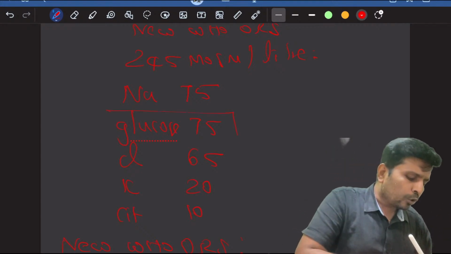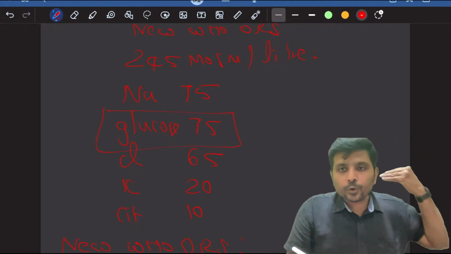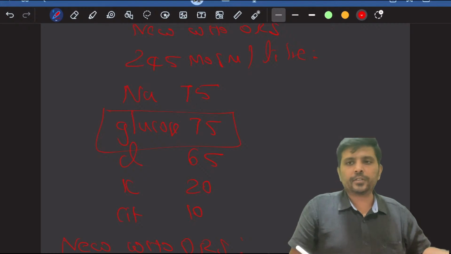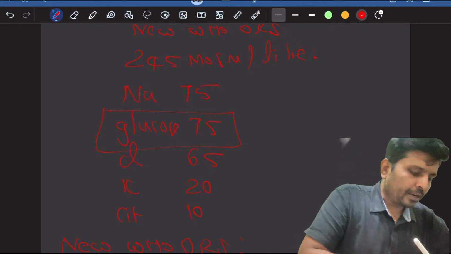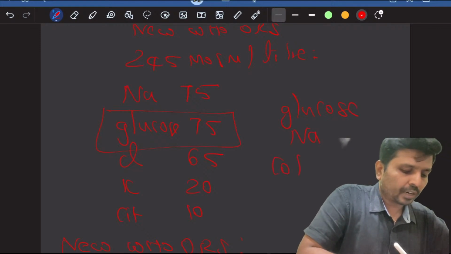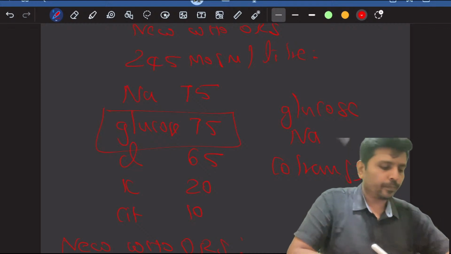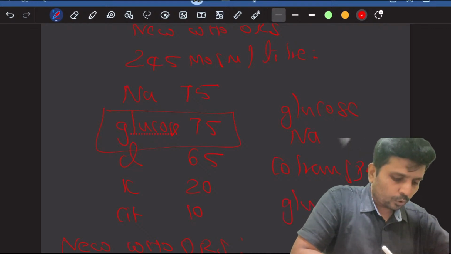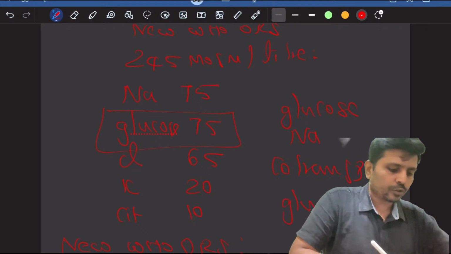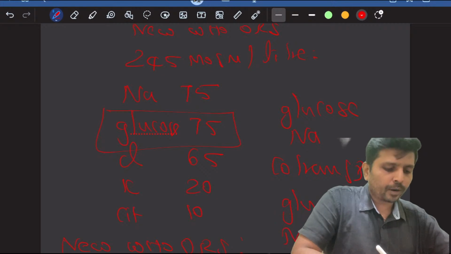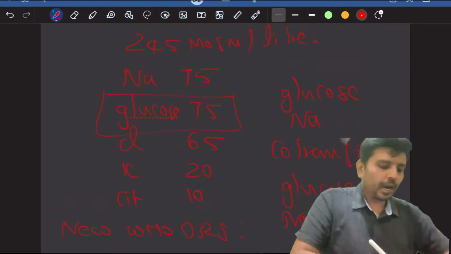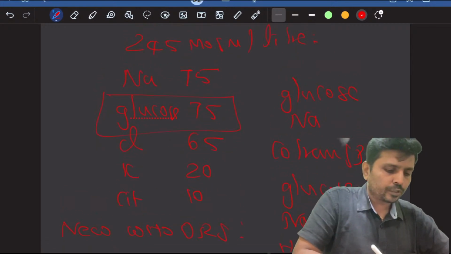Why glucose? What is the role? What is the discovery of ORS? Very, very simple. You have something called glucose sodium co-transport. When you give one molecule of glucose, it will absorb one molecule of sodium, and along with that, water also goes in.